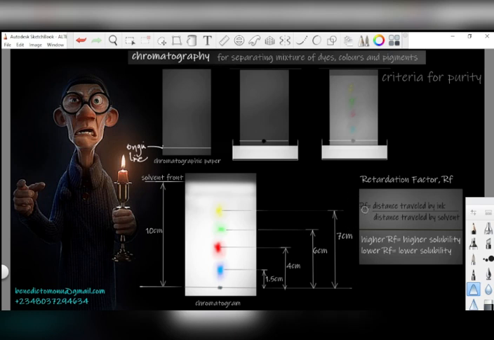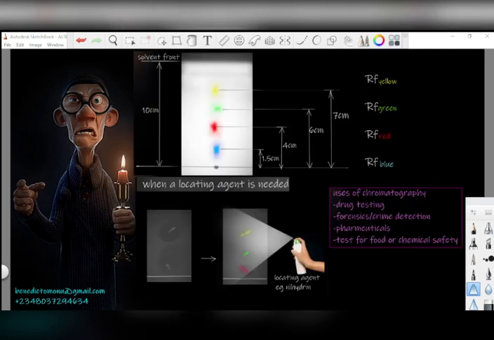The retardation factor tells us which ink is most soluble in this solvent. The higher the value of the retardation factor, the more soluble the ink. The lower the retardation factor, the less soluble the ink. Now, let's say the distance traveled by the solvent itself from the origin to the solvent front is 10 centimeters.